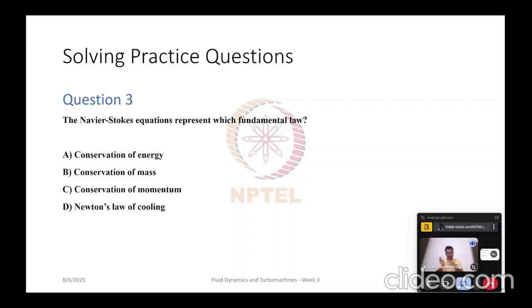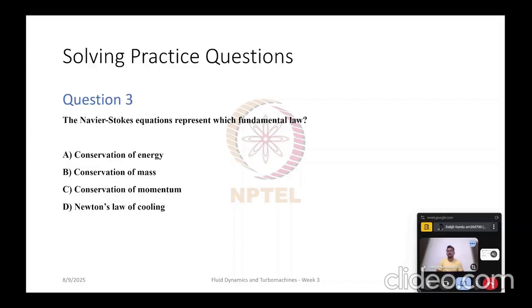So it lets us transform from a Lagrangian sense to an Eulerian sense, an Eulerian frame of reference.